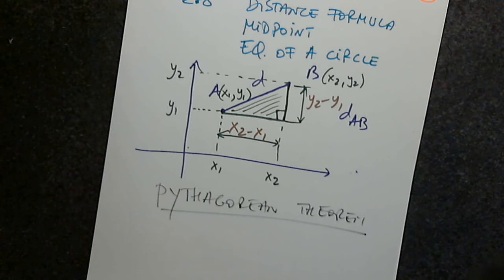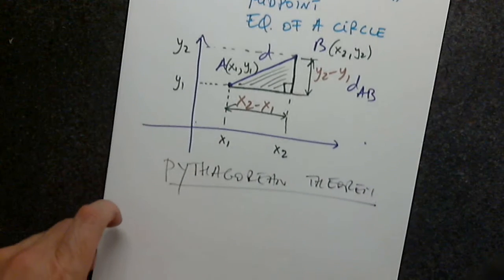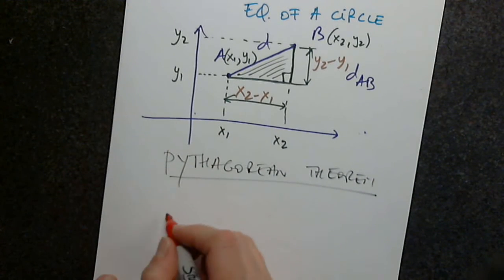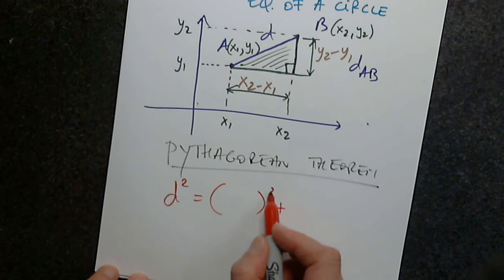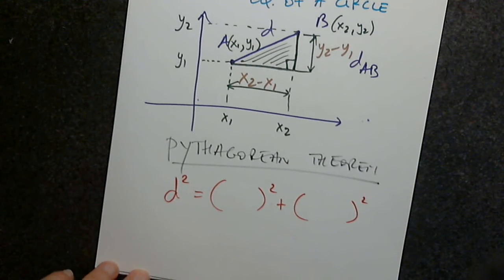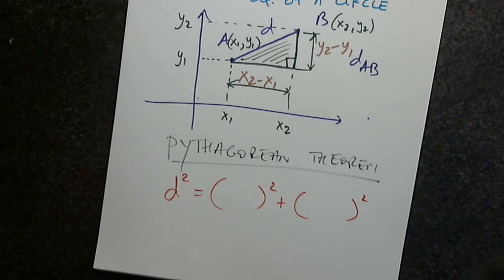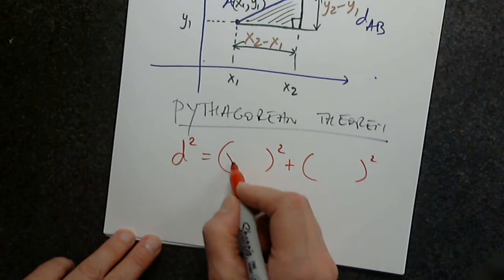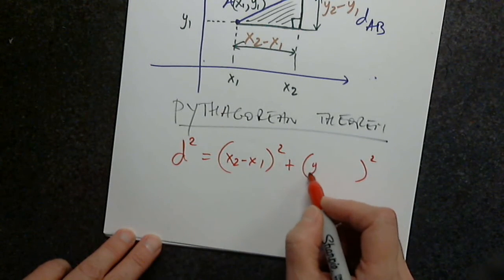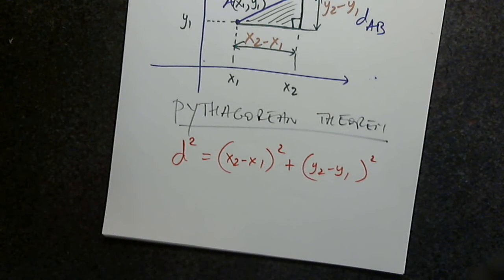And now we can use the Pythagorean theorem in this triangle. Can anyone dictate? Let's start with the hypotenuse. The hypotenuse squared equals, and it's a sum of two squares. Perfect. x2 minus x1 squared plus y2 minus y1 squared.